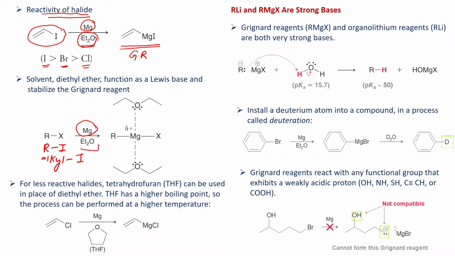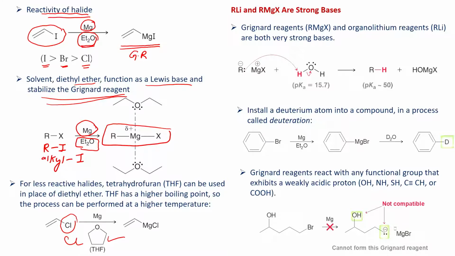And what does diethyl ether do? It stabilizes this Grignard reagent. So your diethyl ether functions as a Lewis base and stabilizes the Grignard reagent. But when your organohalide contains chlorine, you use THF as a solvent.